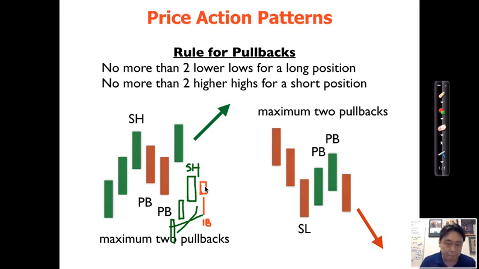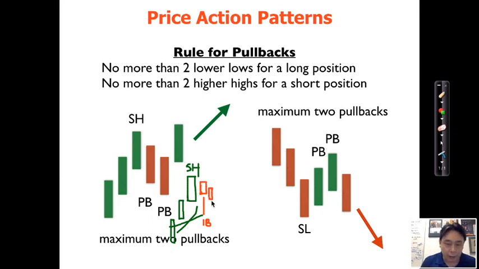Now, the next day, what if we get a pullback like so? So this is a pullback candle because it makes a lower high and a lower low relative to this candle. Okay, so we're no longer taking the relative context from the swing high. We always take the relative context from the previous candle, right?